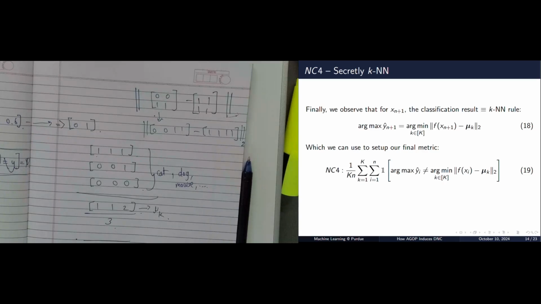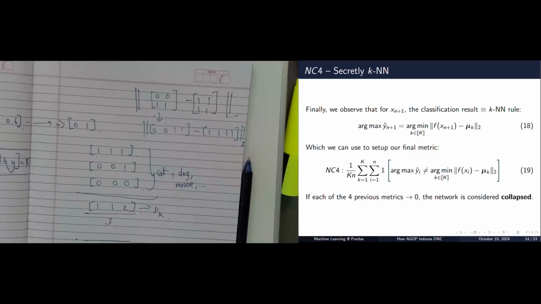So this entire thing goes over here and gives me the final predicted class. Argmax of y_i is just the final logit that I compute argmax over to get whatever the predicted class is. And if you reach the point of overtraining, this is 0. So that is our NC4 metric.